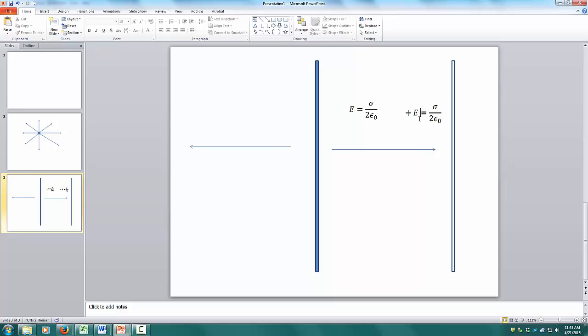Adding them together, I would get the expression that we've come to see more frequently. This one. The other two. Alright, so that's going to be the electric field strength in between two planes of opposite sign.